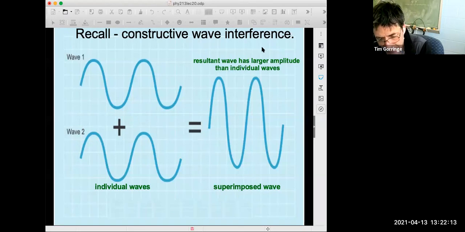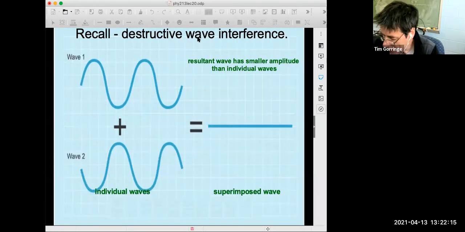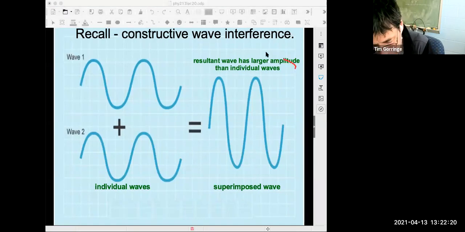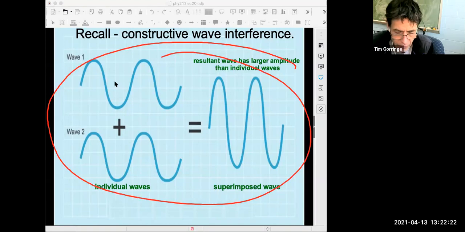For the diffraction grating, it's going to be more important for us to understand those tiny regions of bright spots or specks.